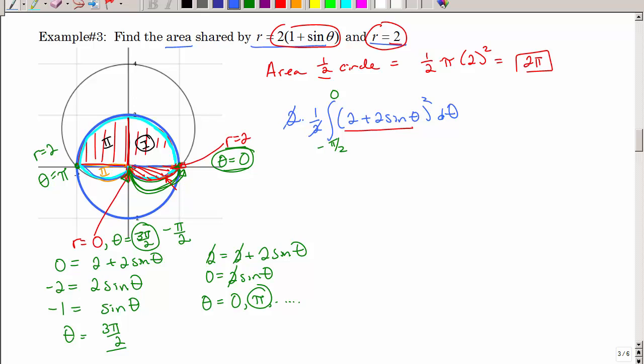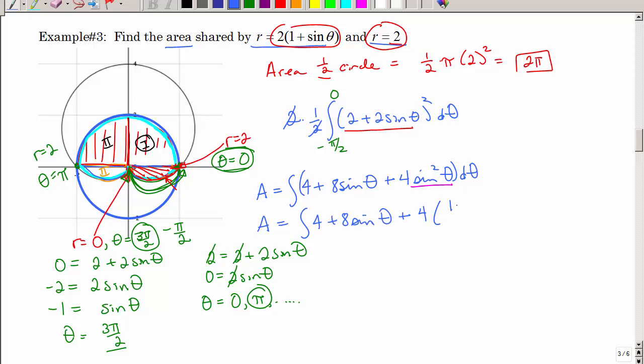So I can reduce those. That makes it easy. So my area is, I have that sine squared theta again, so I have to use the identity of 1 minus the cosine of 2 theta over 2. I can reduce that, and I can distribute.